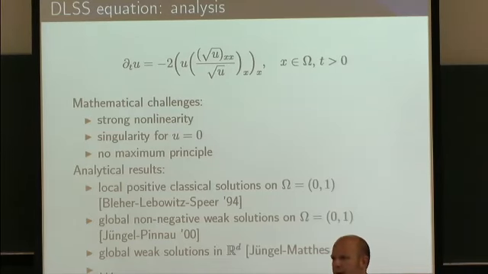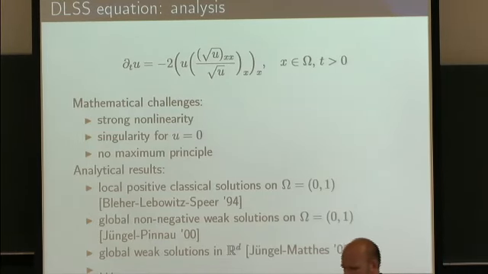Then there's a paper by Jüngel and Pinnau who proved that global non-negative weak solutions in 1D exist. And recently a paper proved that global weak solutions in R^d exist, by Jüngel and Mattes, if the initial conditions have finite entropy. And there are also other results available, so the analysis of this equation is now quite well understood.